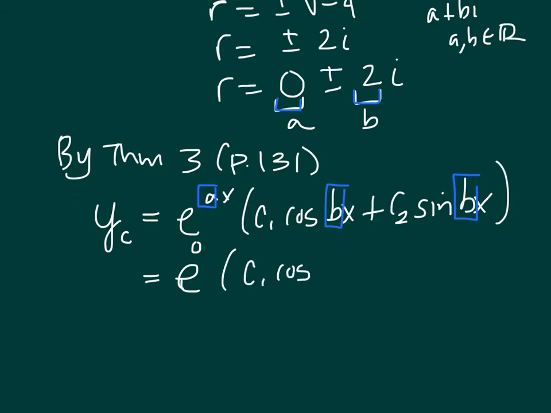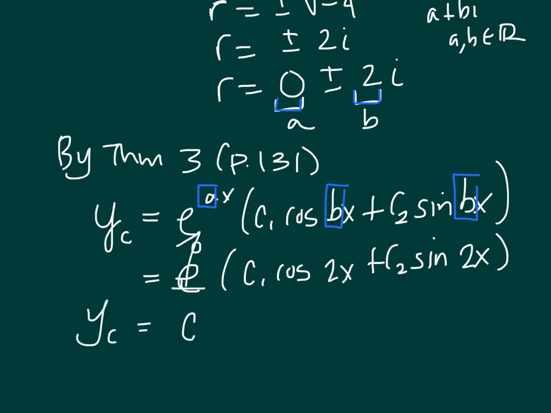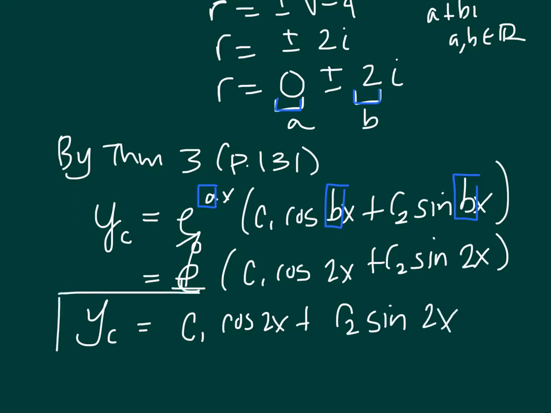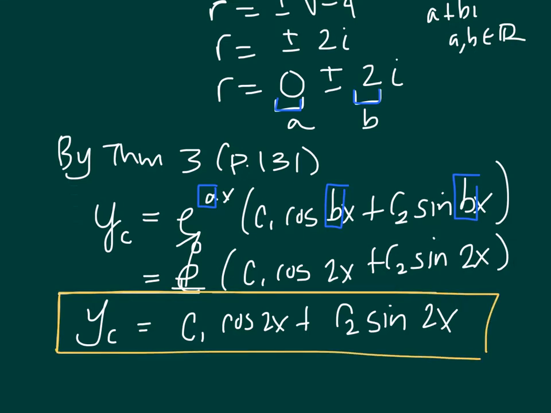C1 cosine of 2x plus C2 sine of 2x. This is just a big 1. So here is our complementary function, C1 cosine 2x plus C2 sine 2x. Okay, so there's our y sub c.